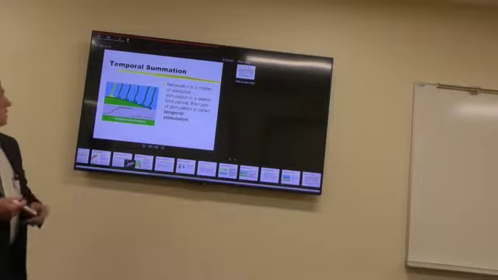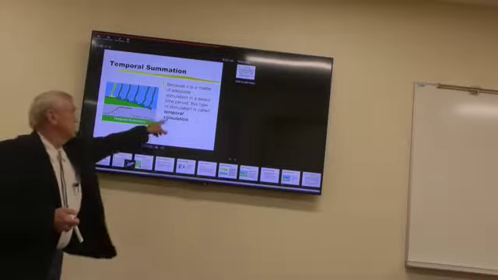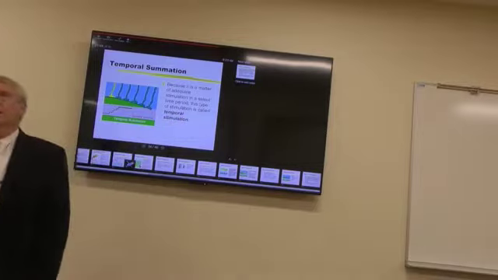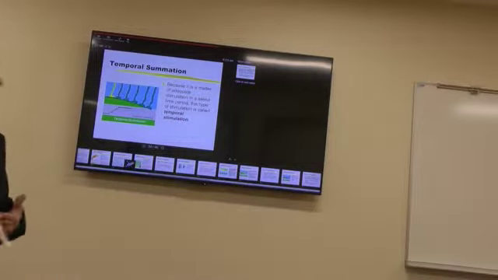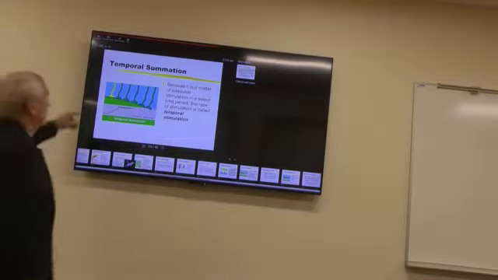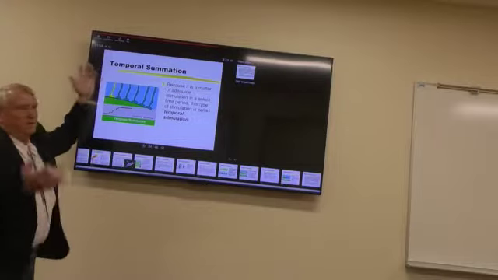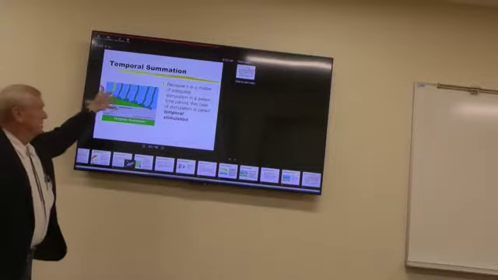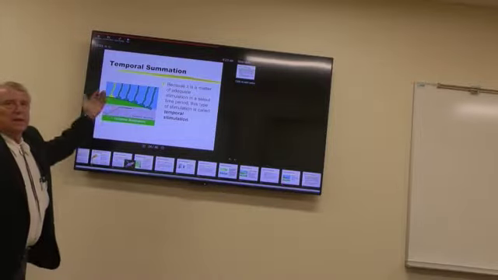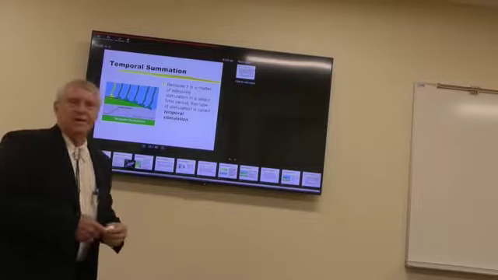Because it is a matter of adequate stimulation in a select time period, this type of stimulation is called temporal stimulation. Temporal merely means time. So there needs to be a select amount of stimulation over a select period of time. And if one of them fires very rapidly, it has, I don't know, 15 nanoseconds in order to get this thing to fire. If it doesn't stimulate it enough in 15 nanoseconds, then it doesn't fire at all.